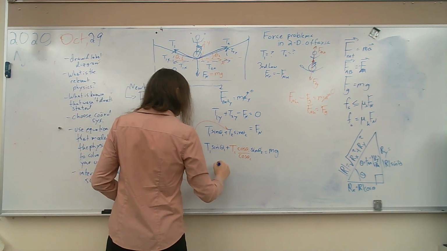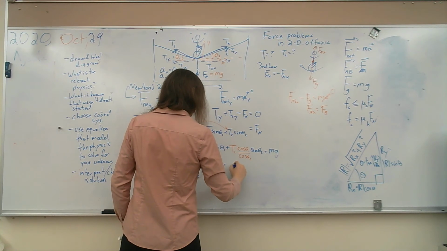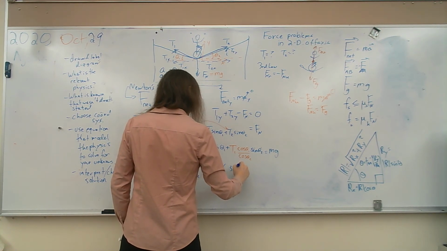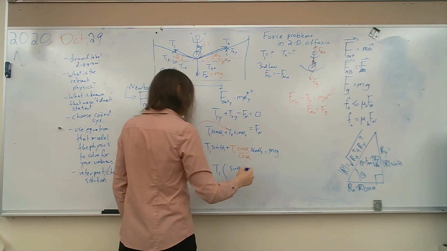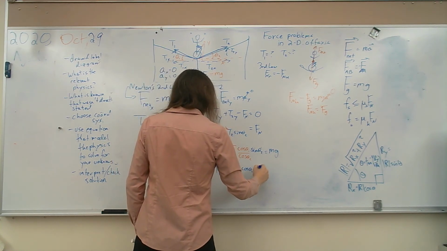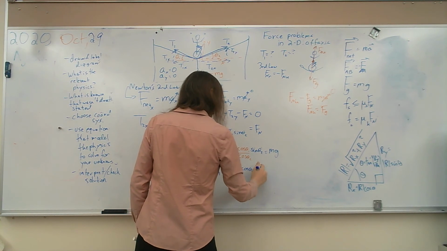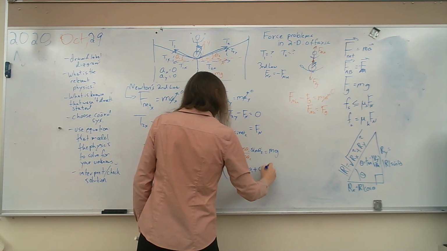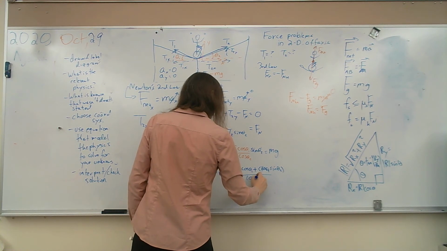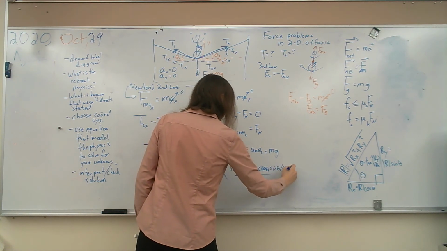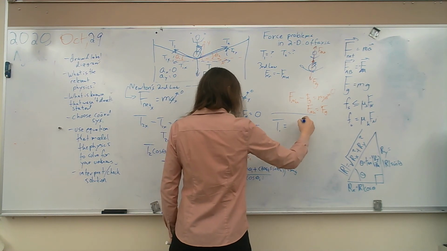And so then it's T1 times sine theta 1 plus cos theta 1 sine theta 2 all over cos theta 2 is mg.